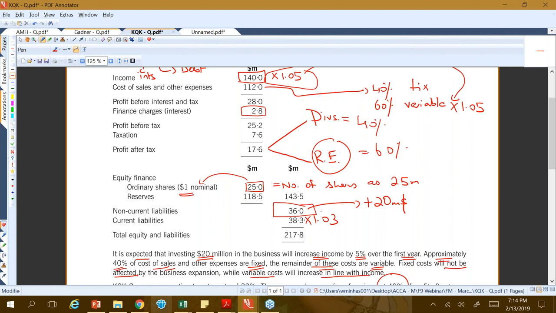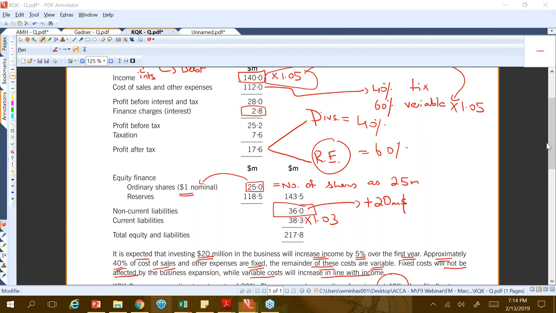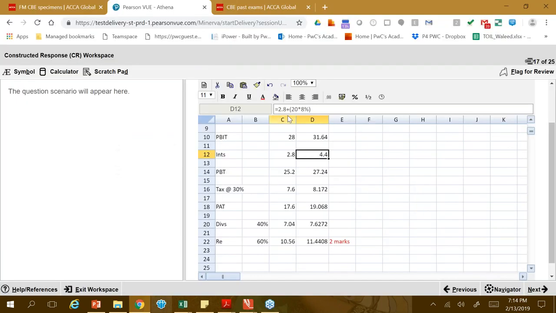So will the interest on this 36 million, which is 2.8, go away? No, that won't go away. It will also remain there and will be added to as an additional part. So let's look at the calculation again. We took the 2.8 as the current interest and then simply added the 8% of the 20 million, the 8% loan notes, which they are planning to raise the $20 million on.